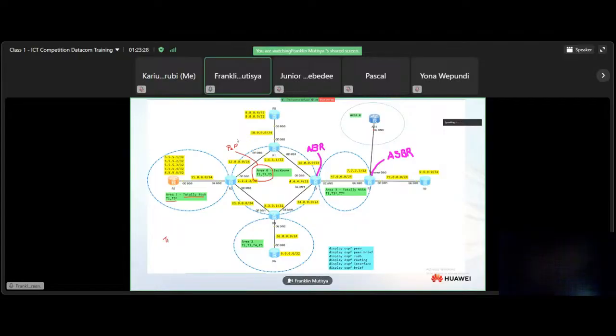Type 2 LSAs are generated by the DR, the designated router. The designated router is a device that is elected on a broadcast or broadcast multi-access network, with the aim of controlling adjacencies within the OSPF domain.